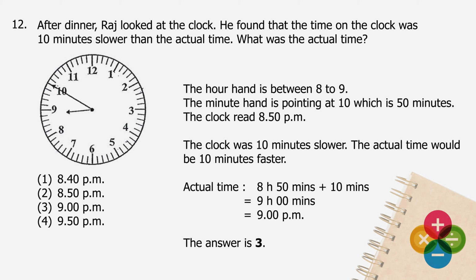The minute hand is pointing at 10, which is 50 minutes. The clock read 8:50 p.m. The clock was 10 minutes slower. The actual time would be 10 minutes faster. Actual time will be add 8 hours 50 minutes to 10 minutes, and the sum is 9 hours, which is equal to 9 p.m. The answer is 3.